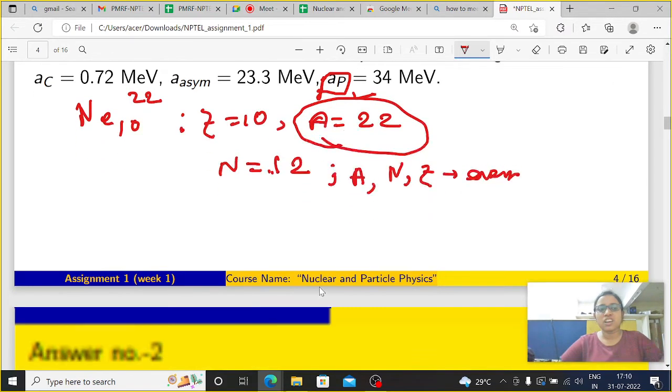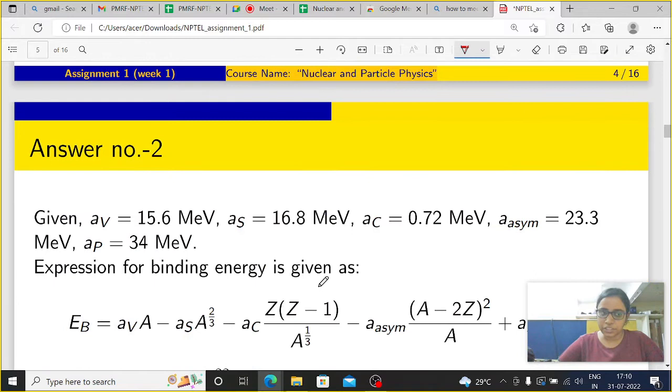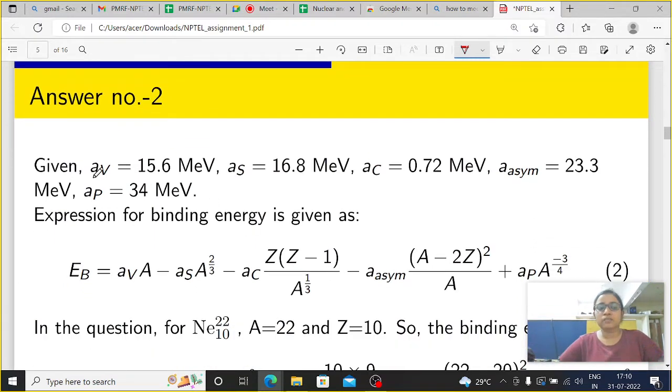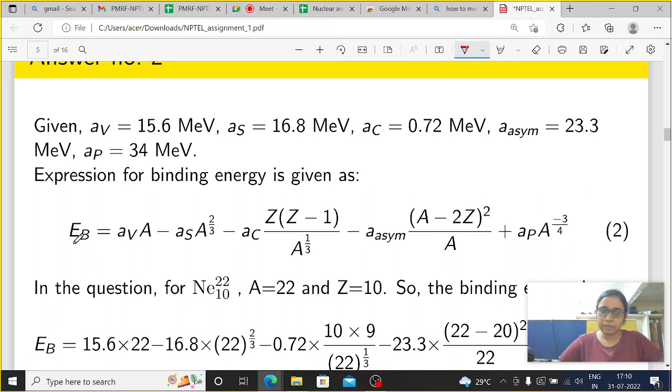So coming to the explanation of the expression, in this question AV, AS, AC, A asymmetry and AP are all given, but what is the expression for binding energy? The expression for binding energy is given as equation number 2, as we can see here. EB is the binding energy, which has some terms.